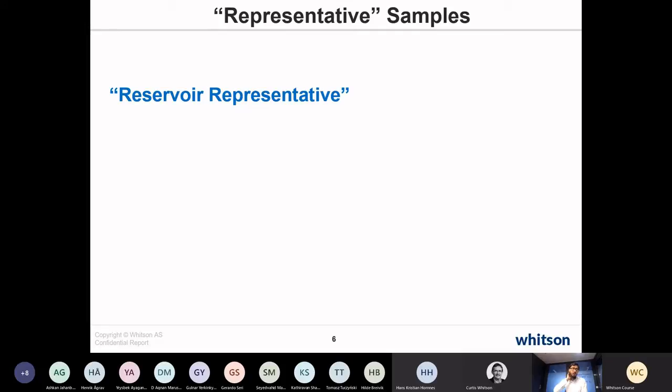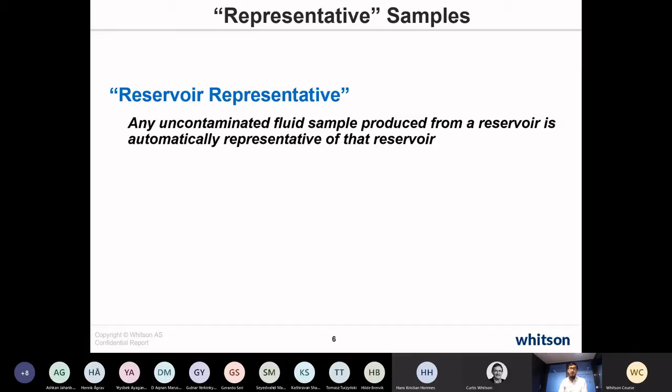So now we are going to discuss the definitions. What do we mean by representative samples, and when should we care about collecting the samples, whether it's reservoir representative or not. The way we define the reservoir representative sample is any uncontaminated fluid sample produced from a reservoir.